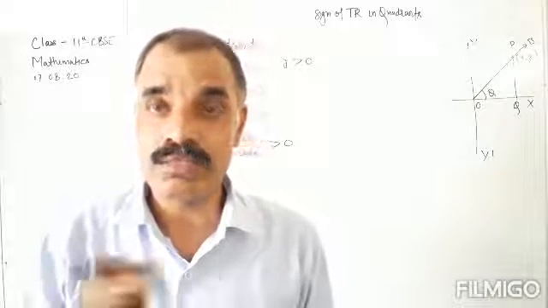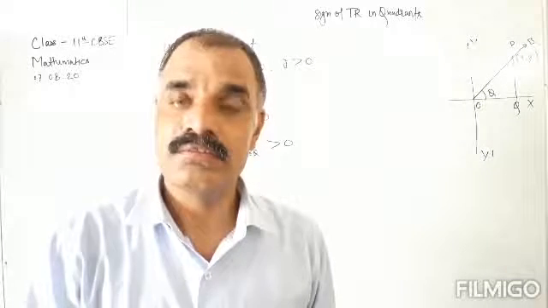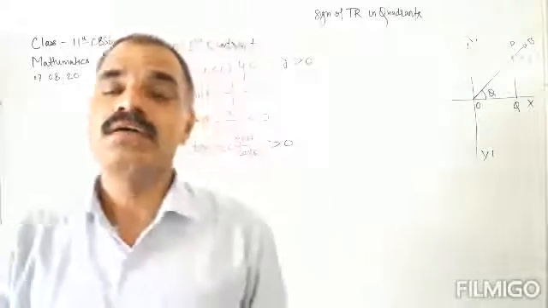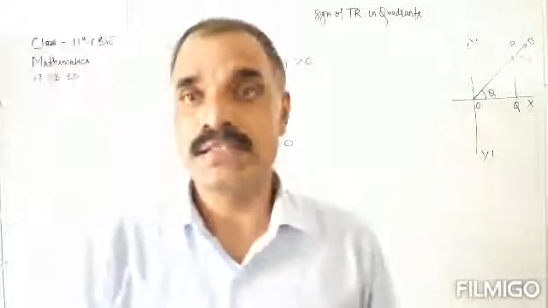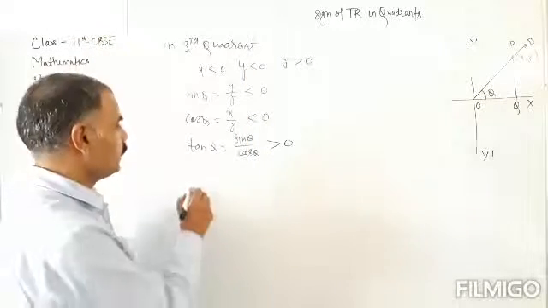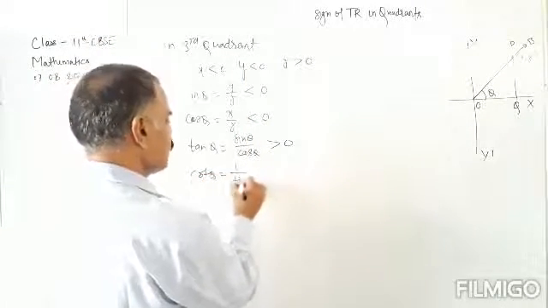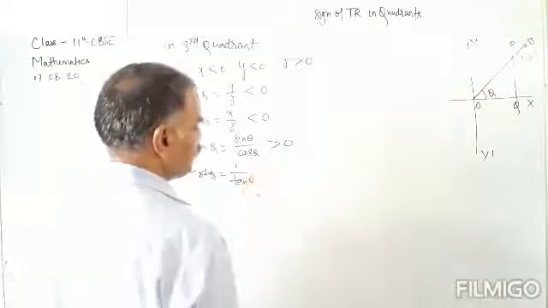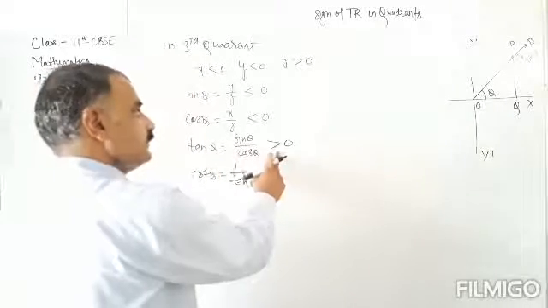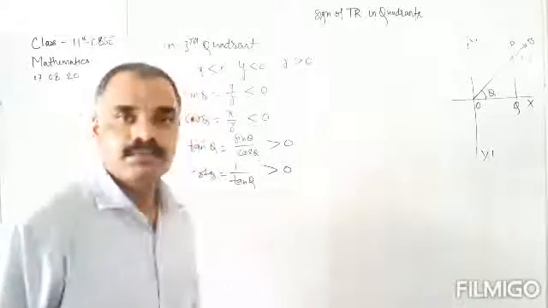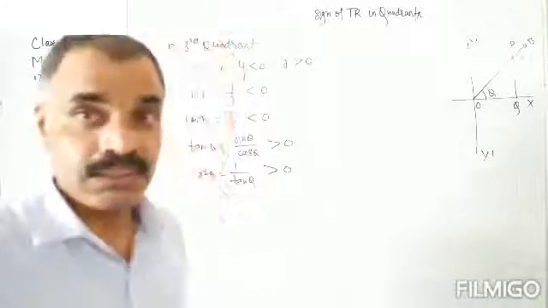So in the third quadrant the first positive trigonometric ratio is tan theta. Now cot theta is the reciprocal of tan theta, 1 upon tan theta, and tan theta is positive, that is why cot theta is positive.